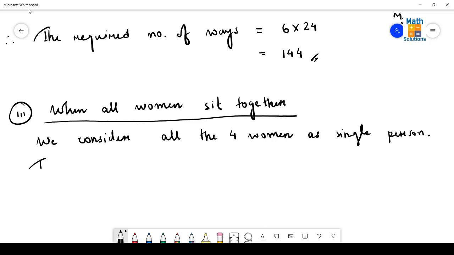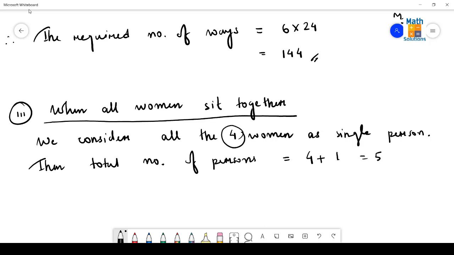Then the total number of persons will be equal to, there are already 4 men, they are individually considered, plus these 4 women considered as 1 person. So in total 5 persons which we shall be having.